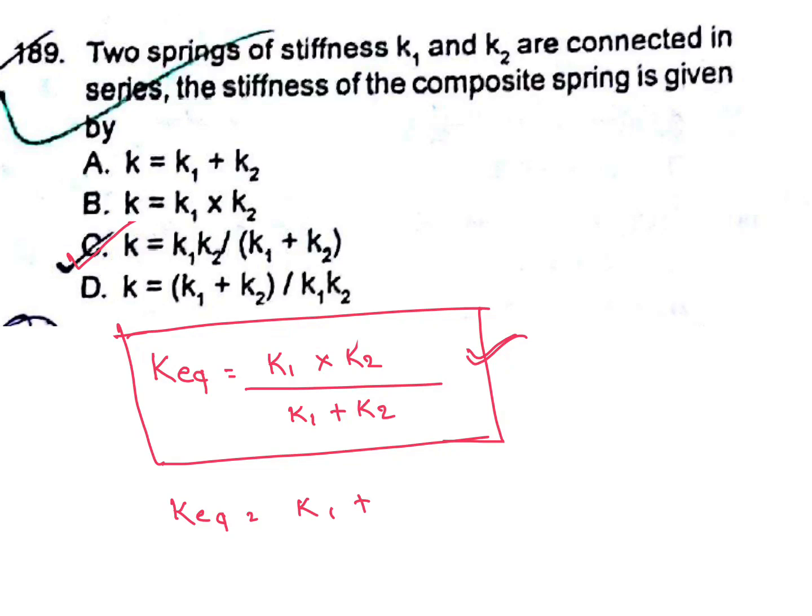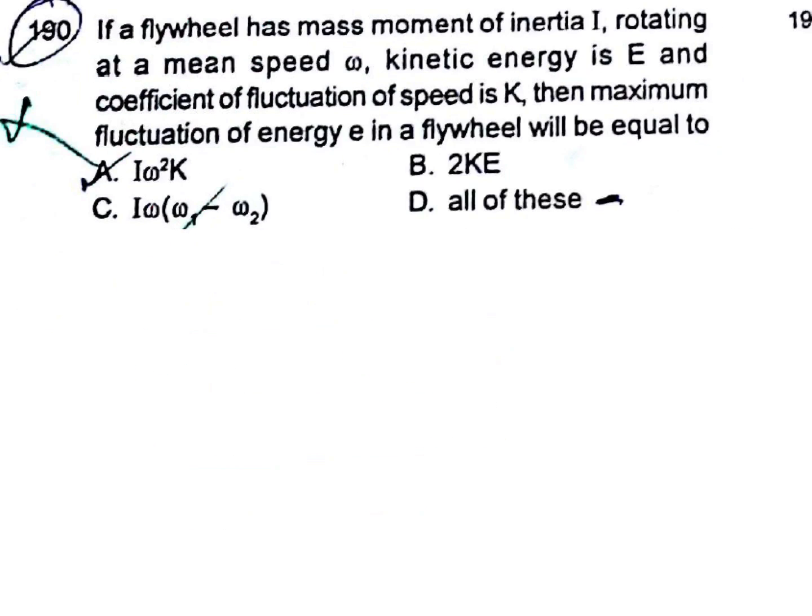For composite springs. If a flywheel has mass moment of inertia I rotating at a mean speed omega, kinetic energy is E, and coefficient of fluctuation of speed is K, then the maximum fluctuation of energy in a flywheel will be equal to how much?